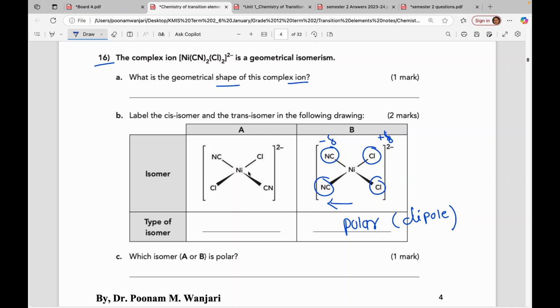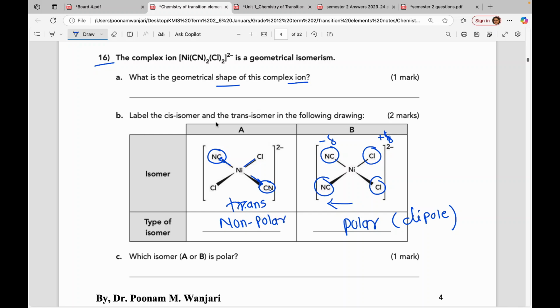Then in case of the trans isomer, the polarity generated by this cyanide ion is exactly cancelled out by the opposite cyanide ion, because this cyanide ion is also trying to attract the pair of electrons, so it will cancel out. The same concept applies to chloride ions: they are oppositely arranged, so they cancel out their polarity, and the trans isomer will be non-polar in nature.